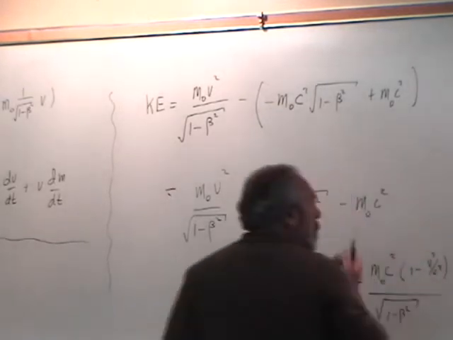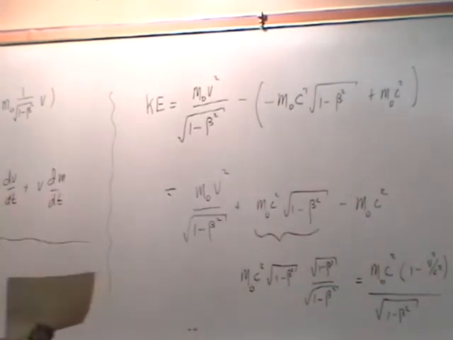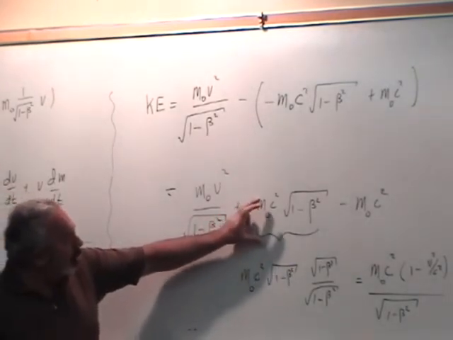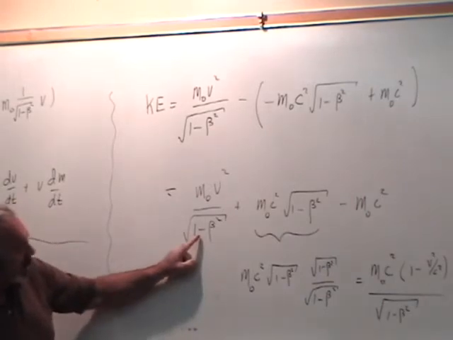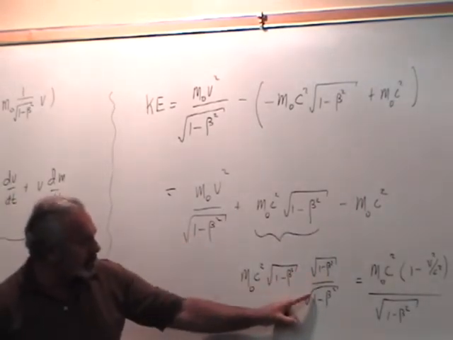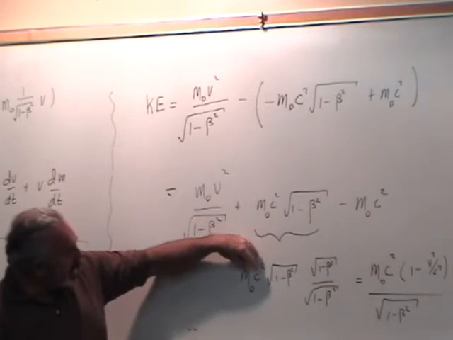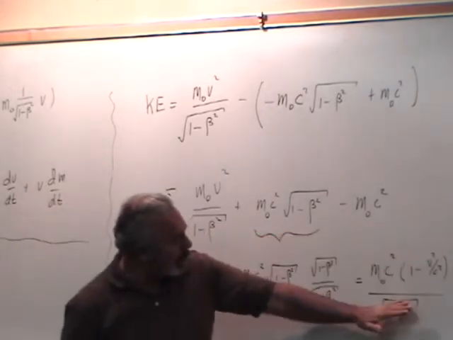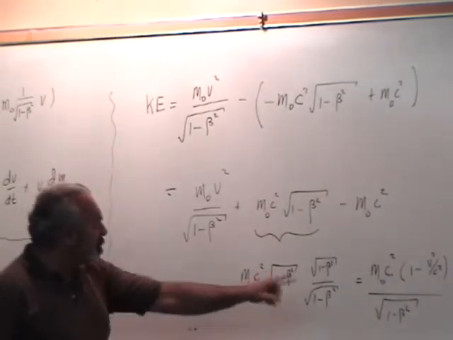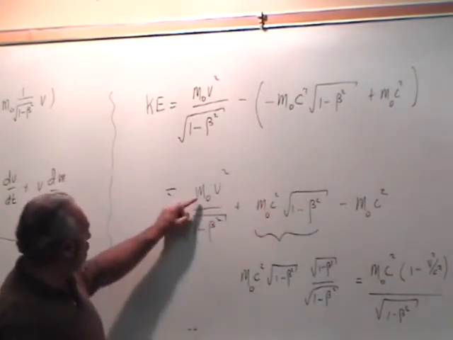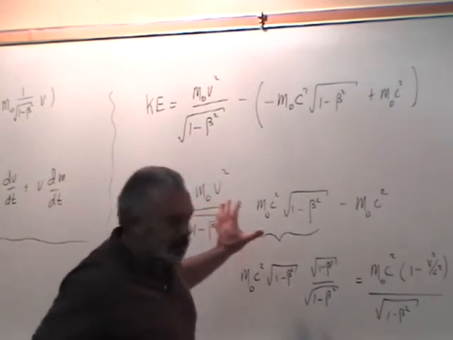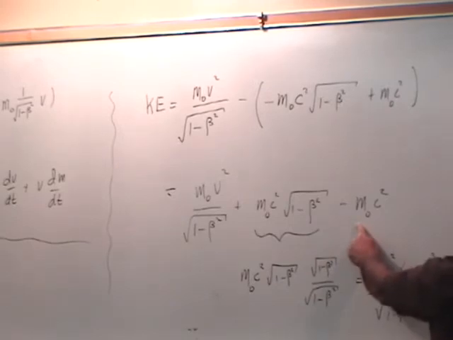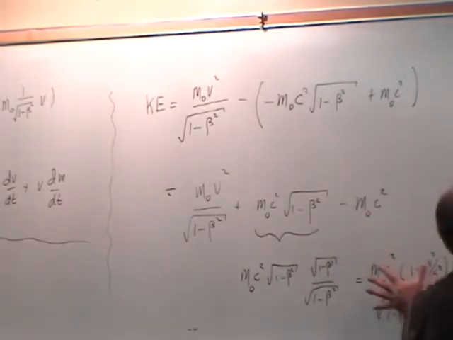Now let's check and see if I did that correctly. What I just did was to put this term over that denominator using this. That done, I get m naught c squared times 1 minus beta squared over that denominator. Then I stuck that right back in here, so I've got this term at the beginning, this term at the end, and this thing in the middle.